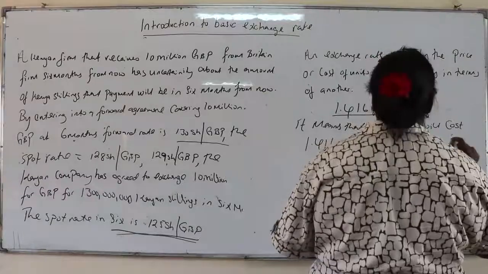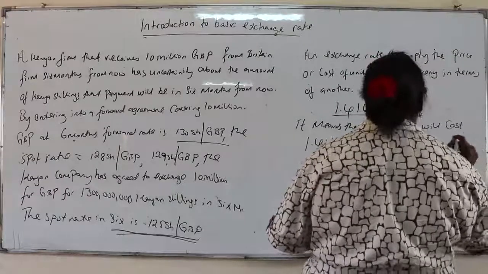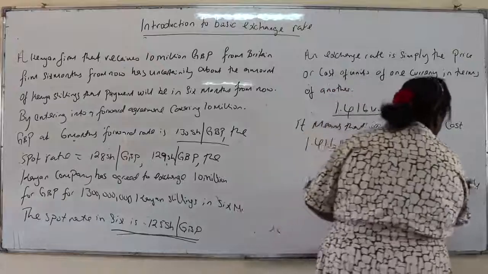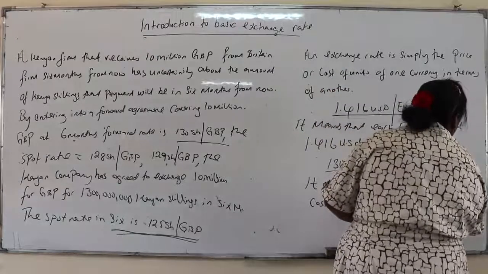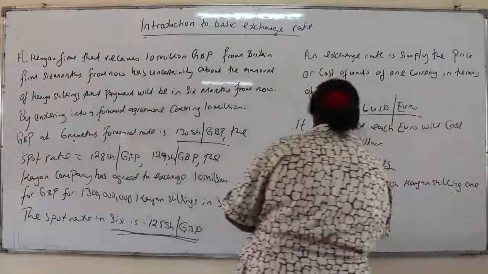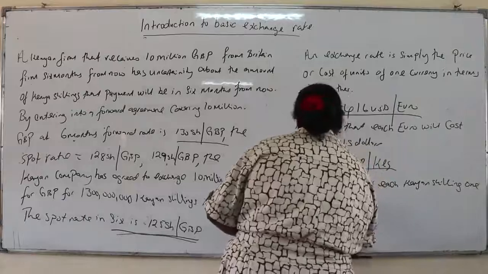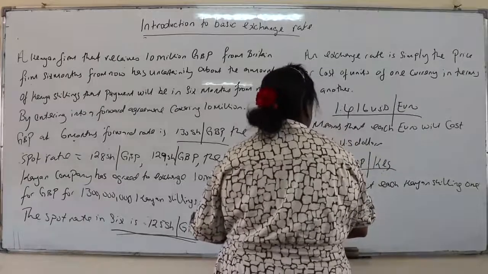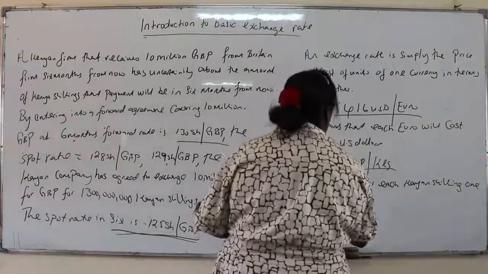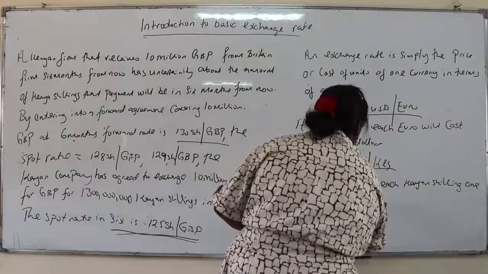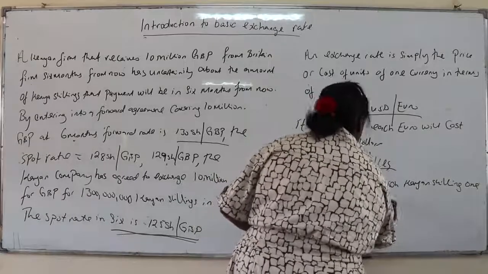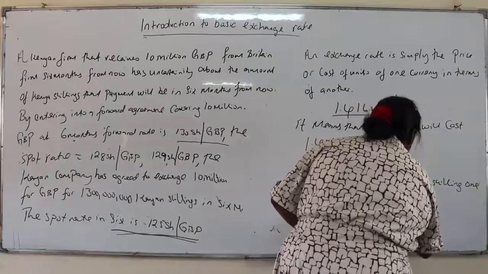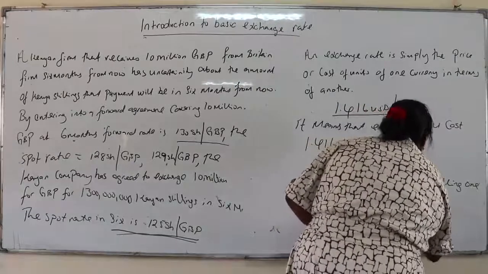So it means that for each Kenyan 1 shilling, it will cost Great Britain pounds 130.